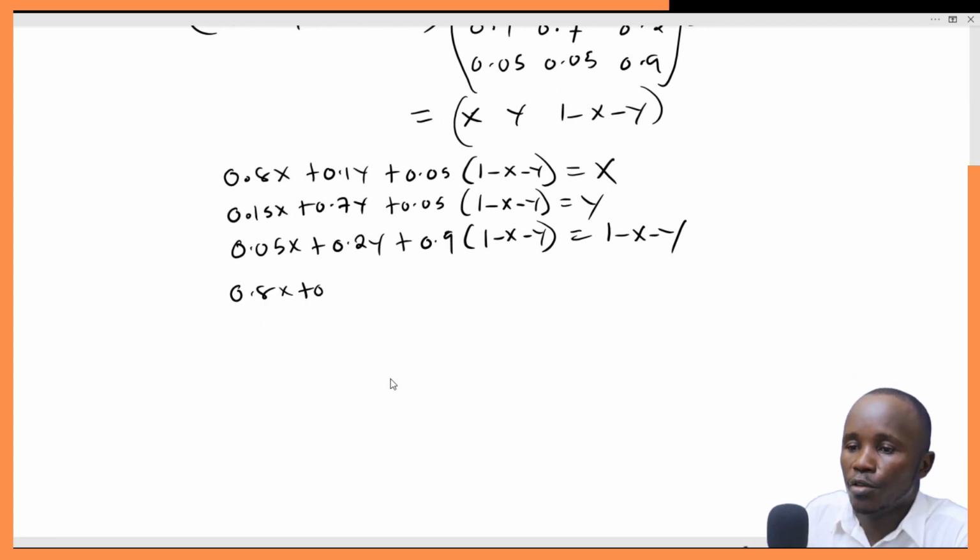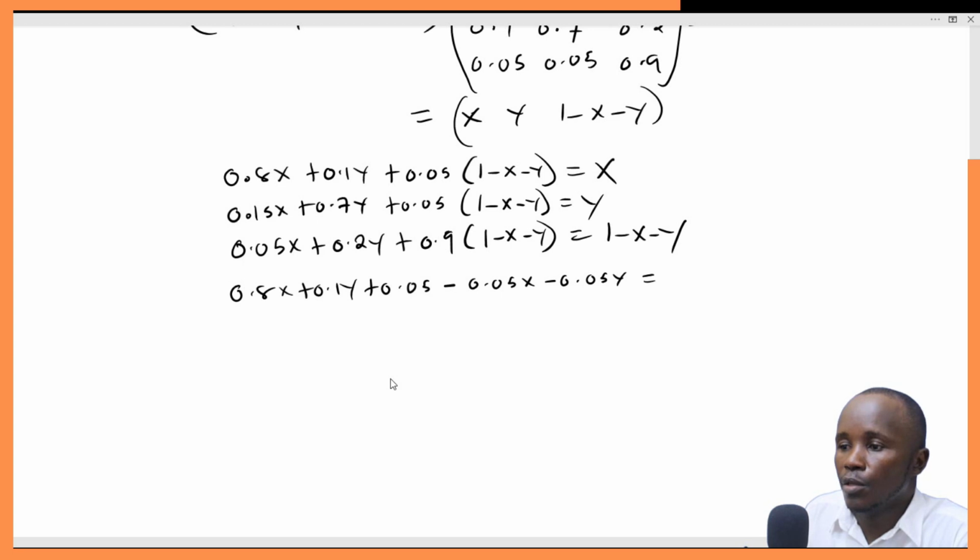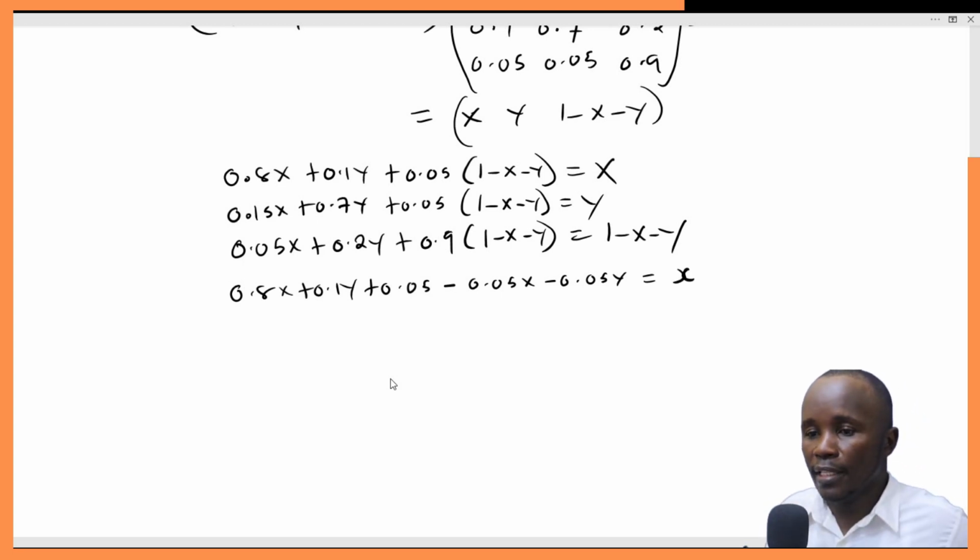Here we need now some few maths. 0.8x plus 0.1y plus 0.05 minus 0.05x minus 0.05y is equals to x. Add the right terms here. X, this one and this one, and equate and bring this on the other side.